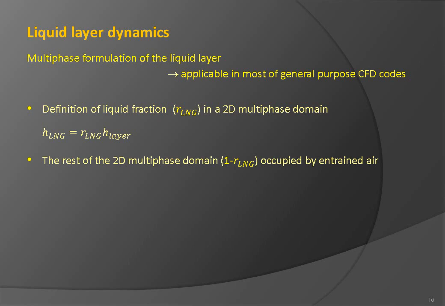The rest of the multi-phase domain, expressed here with 1 minus R LNG, is occupied by the entrained air that has the same velocity as the liquid phase. This detail is important in order to preserve continuity of both phases.